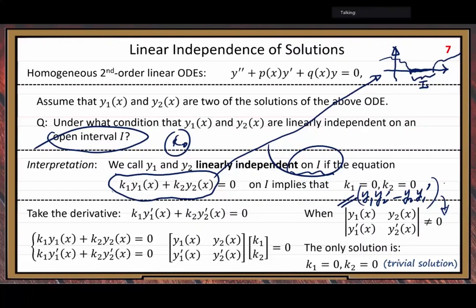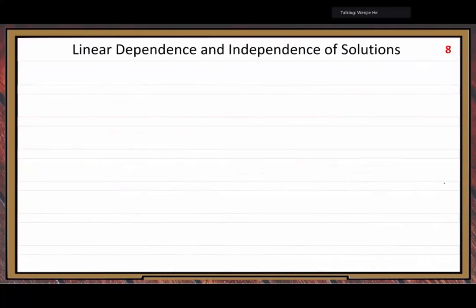Next we will look at the independence of solutions. Let's leave it for next time.